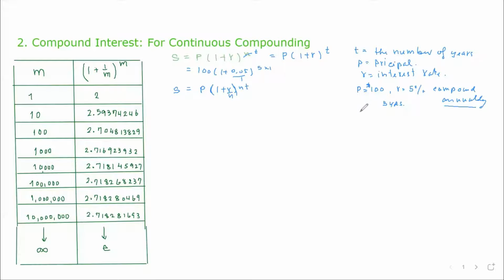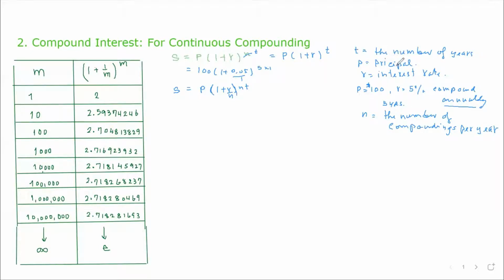In this case, N represents the number of compoundings per year, and T represents the number of years.